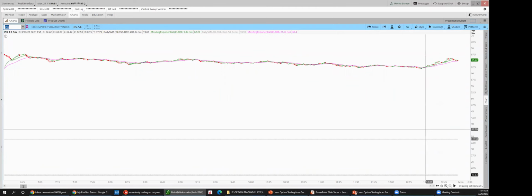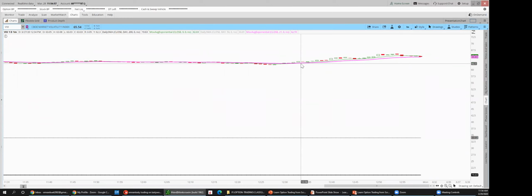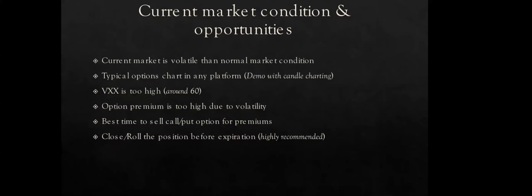So here VIX was low till February, and till now it is at 60. Right now it reaches 66, 67. So if the VIX changes, the price of the option also changes. The option premium is too high due to volatility, so it's actually the best time to sell call or put options for premium.